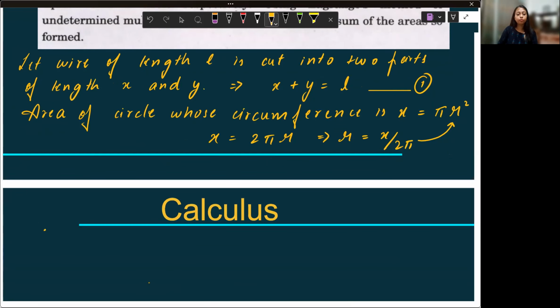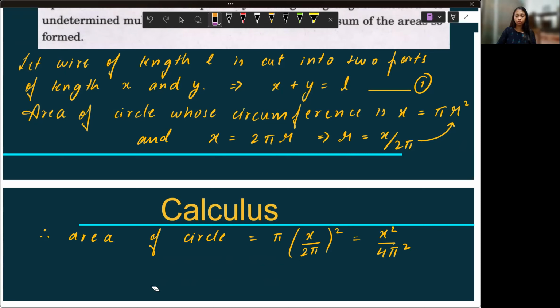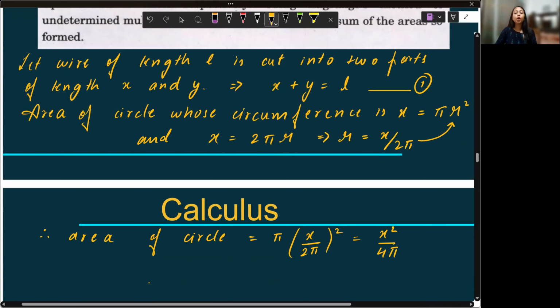Therefore, the area of the circle is pi r squared, so pi times x by 2 pi whole squared, which is x squared by 4 pi. Only 4 pi, the other pi is cancelled.